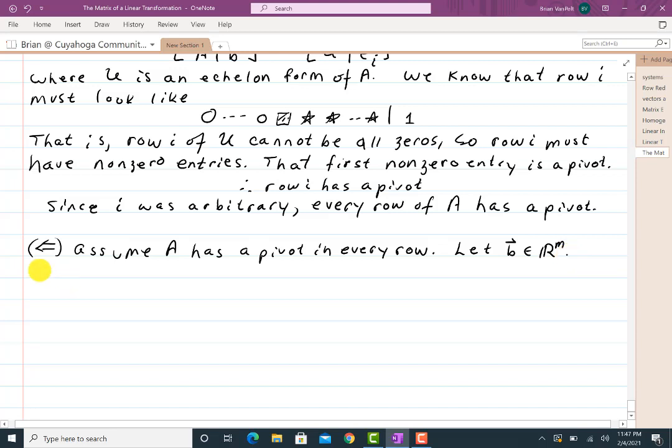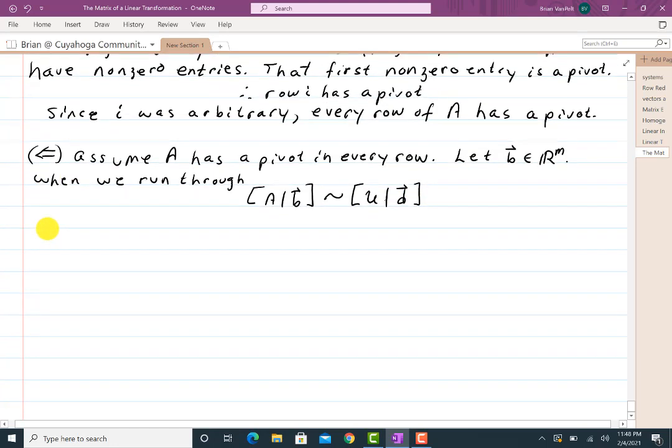All right, so when we run through A, B, U, let's call it D. I don't know what it's going to look like when all is said and done, but let's just say the echelon form is U and D is something.